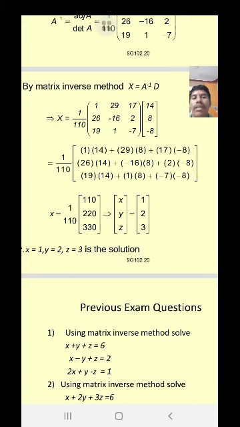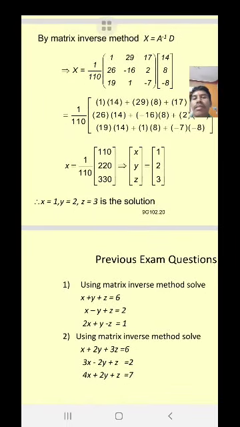So after multiplying we get 110, 220, 330, and if we multiply with 1 by 110, then we get 1, 2, 3. So X means x, y, z. If we equate the matrices, then we get x equals 1, y equals 2, z equals 3 is the solution.